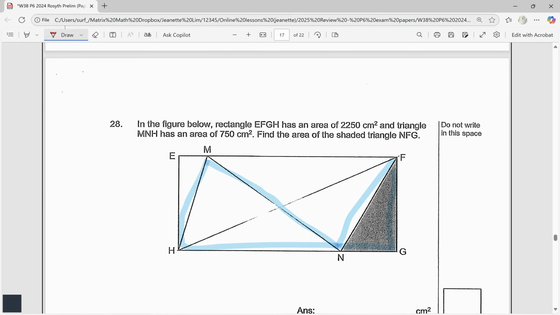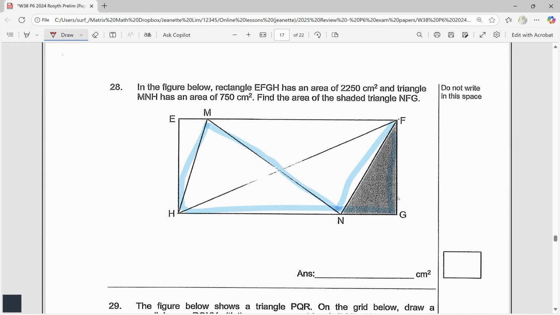So if the rectangle is... triangle M and H is 750. Okay, so these two triangles add up to half of the rectangle.